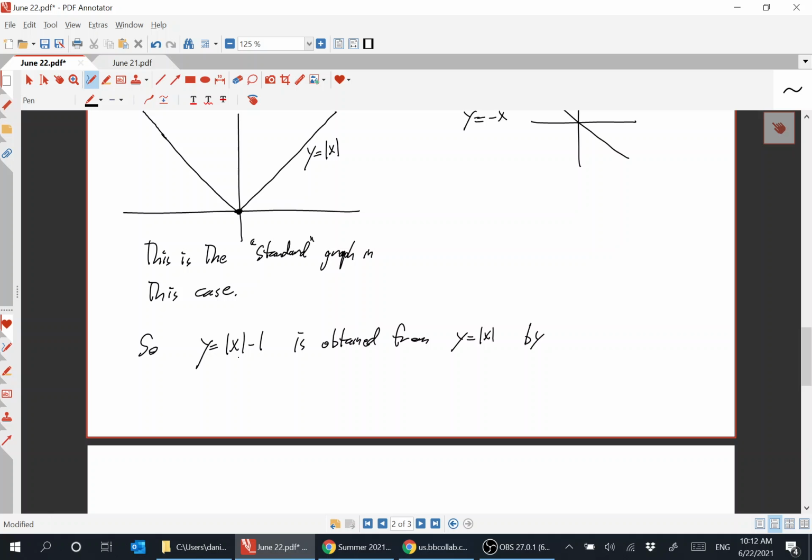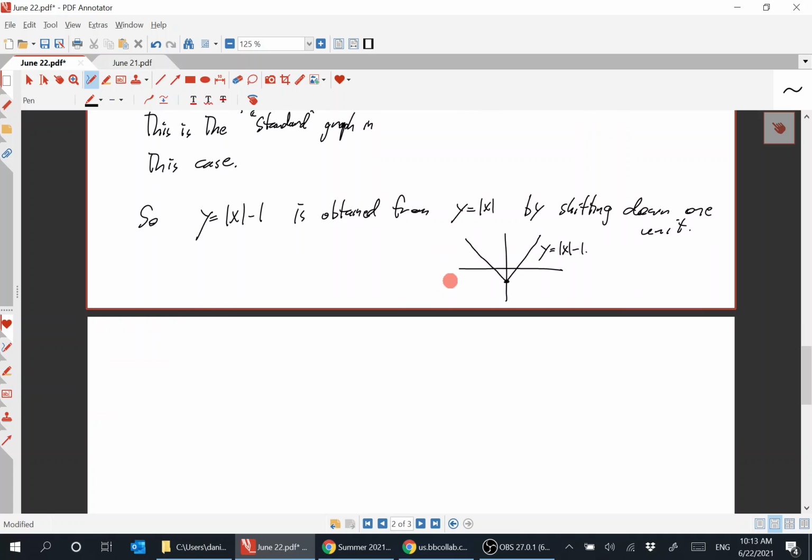So I'm subtracting 1 from the absolute value of x. So I go from absolute x to absolute x minus 1 by doing what geometrically? By shifting how? Down 1 unit. So we've got this graph, y equals absolute value of x minus 1.